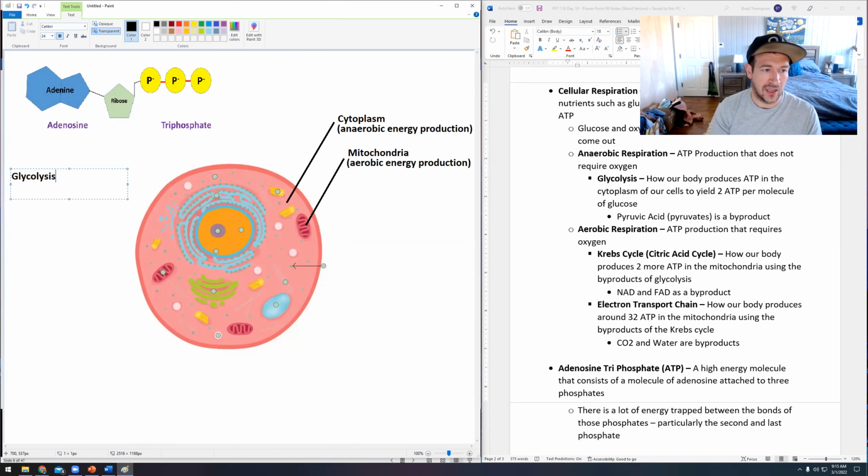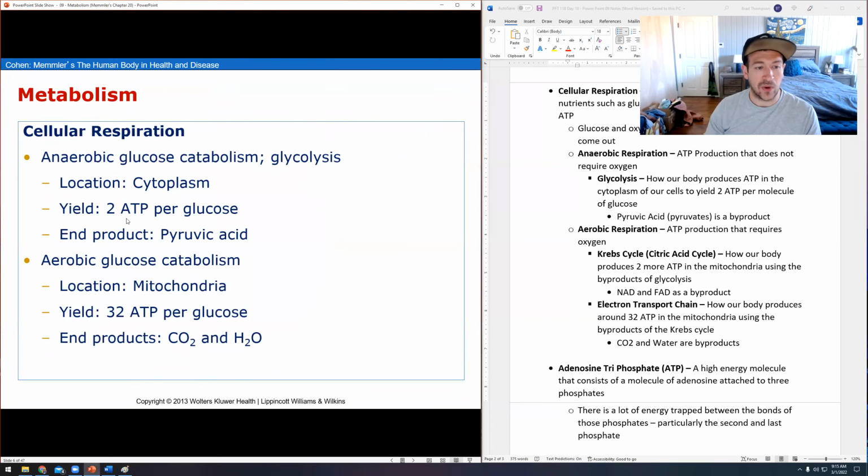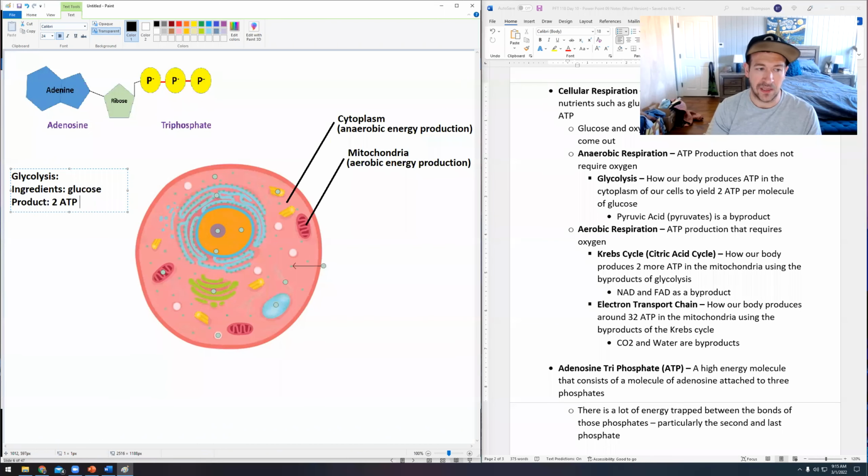So we'll go glycolysis, ingredients. Our ingredient here is really just going to be glucose. That's it, right? A single monosaccharide, one sugar molecule, glucose. And then the product, what we're making, we are yielding 2 ATP every time. So we get 2 ATP molecules. And then we have a byproduct, something else that we kind of made by mistake.